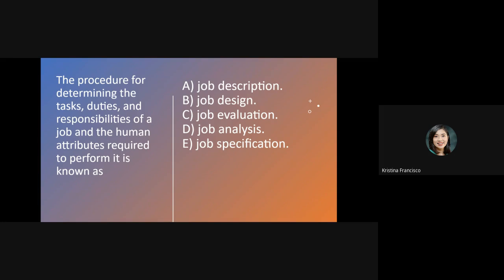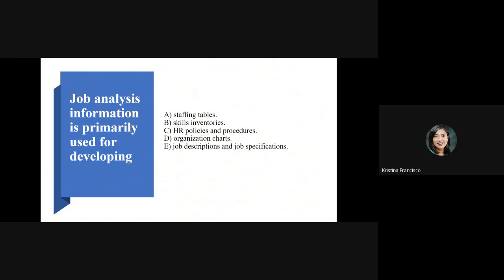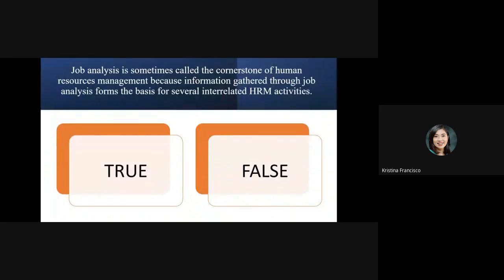It is known as job analysis. Job analysis information is primarily used for job description and job specification. Job analysis is sometimes called the cornerstone of human resources management because information gathered through job analysis forms the basis of several interrelated HR activities.